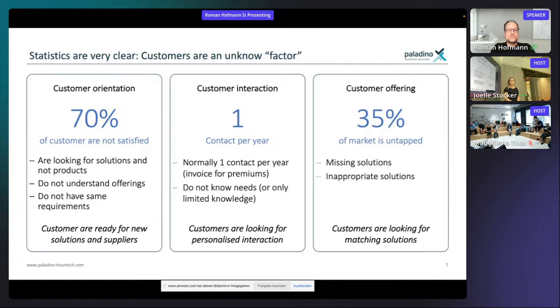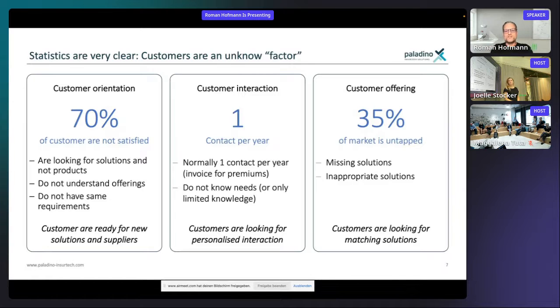They made a study in Germany and asked customers, who do you trust more, Lidl or a traditional insurer? And I think Lidl has a trust factor of 92% regarding insurance. So we did something wrong in the past. I also worked for insurance companies, so I've been part of this as well.